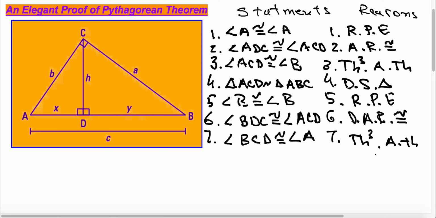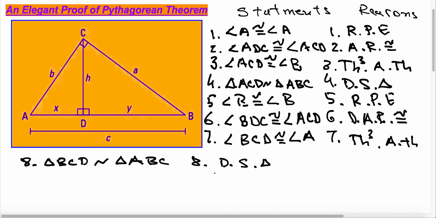If two triangles have two angles congruent, then the third angle has to be congruent. So number 8, the medium triangle BCD is similar to the big triangle ABC, based on the definition of similar triangles.